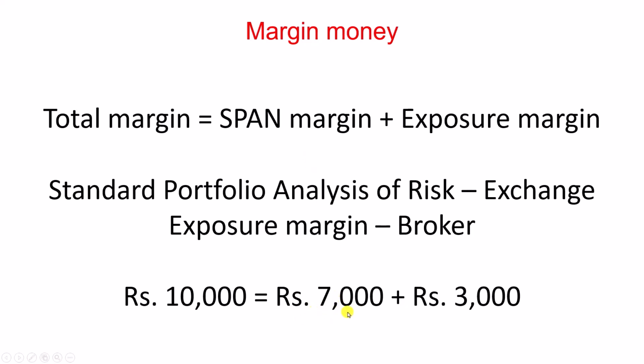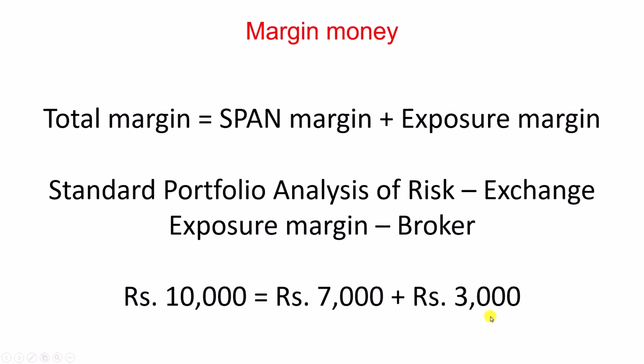So the exchange is fine now, but it needs 1,000 more, because the loss is 8,000, correct? So the exchange will ask the broker, give me the extra 1,000 rupees. So from where will they give? From the exposure margin.